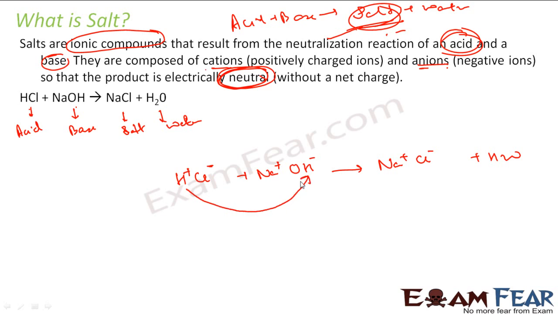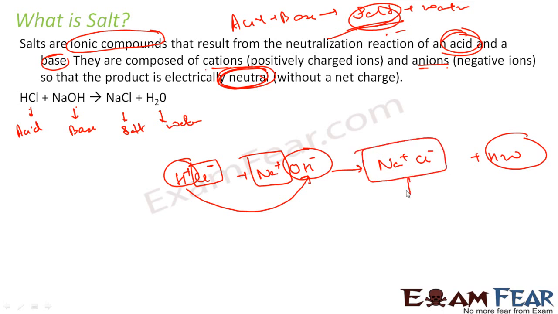Since NaOH is a base, it will accept the hydrogen ion. So this H plus and OH minus will combine to form a water molecule. Similarly, now we'll have Na plus and Cl minus floating around, right? They are all free now, so that will become NaCl, and they have an ionic bond. We'll explain why it is an ionic bond.